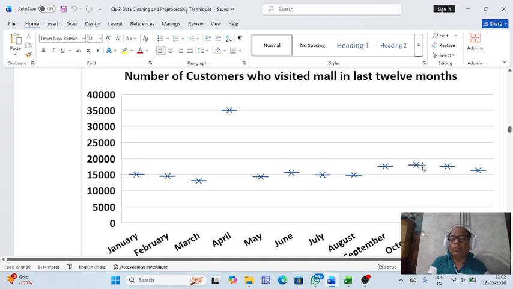Then May, June, and there is a slight increase in September, October, November, December. But if you see the data of April, which is around 35,000 footfalls of customers, this is significantly high from the rest of the data. That's why it will be treated as a global outlier.